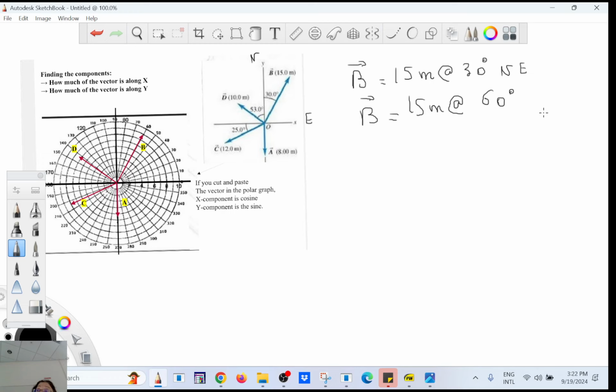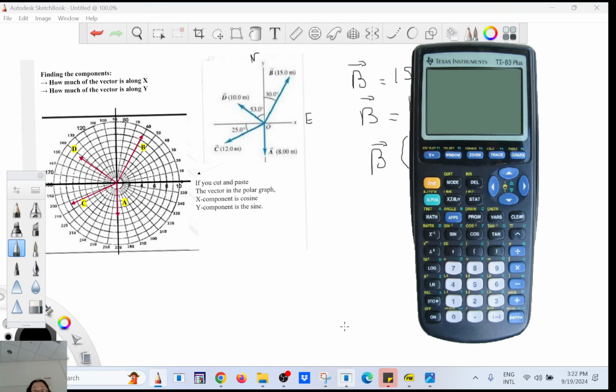Now, if you do it this way, then to find the x component and the y component is very easy. Okay, don't stare. Staring is not good. So it has two coordinates.